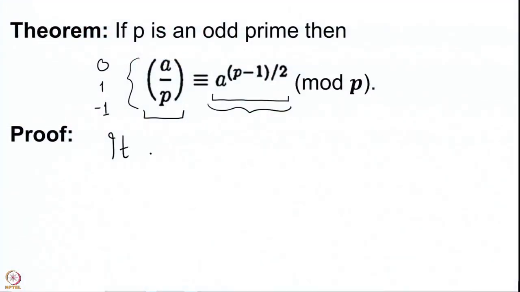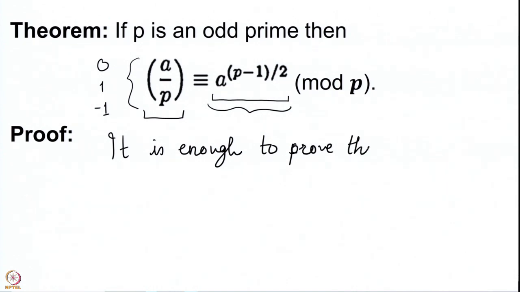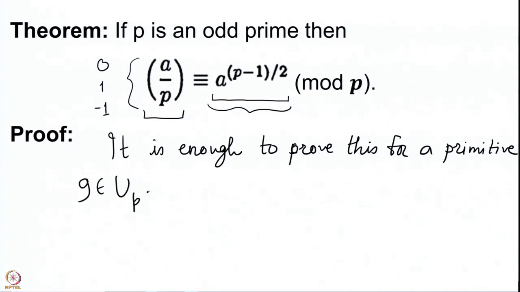So, the basic step here is that it is enough to prove this for a primitive G in UP. This is because, so I will give a reason to tell why this is enough.